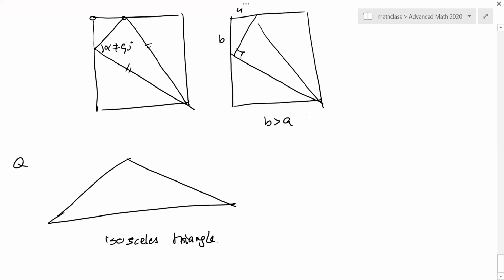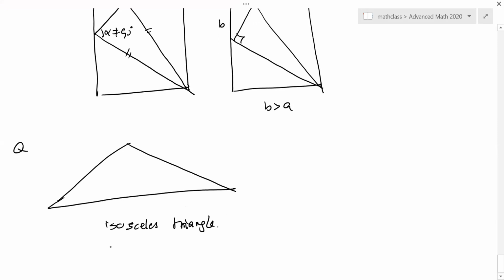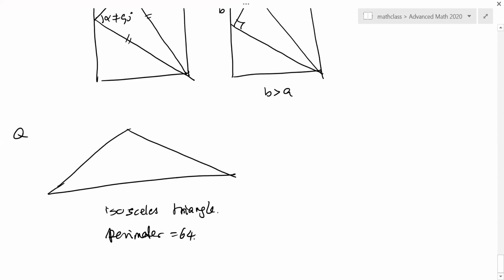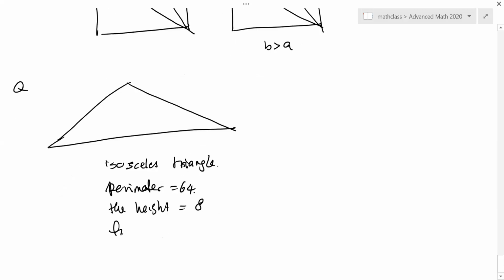So we know the perimeter equals 64. The height equals 8. Find the area.